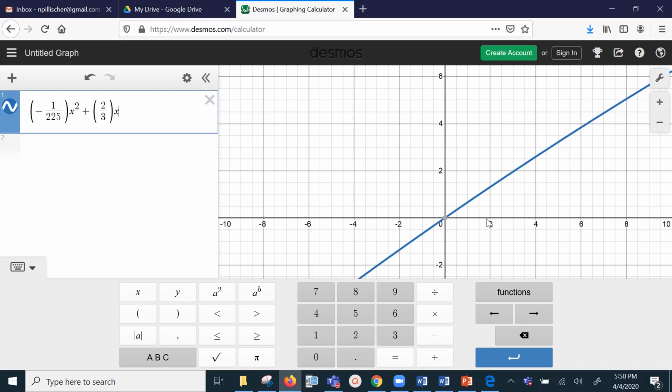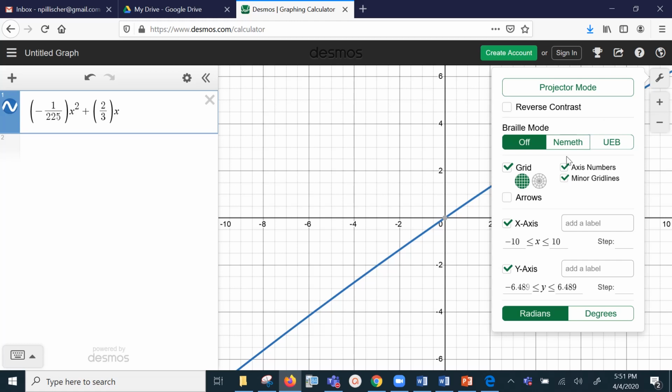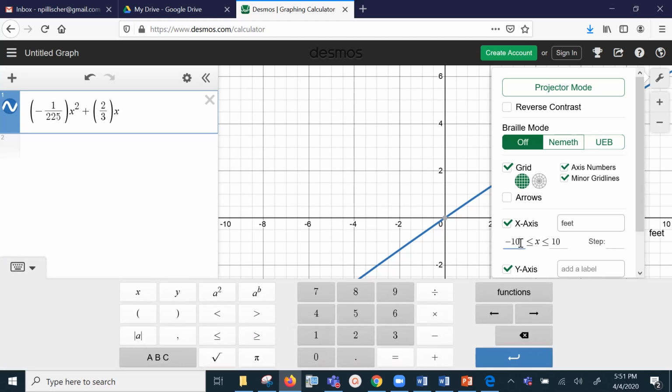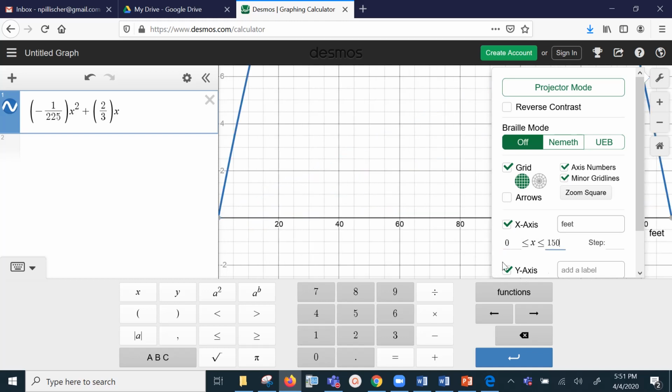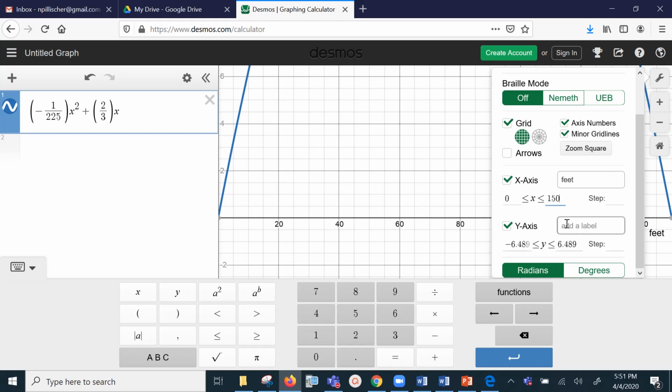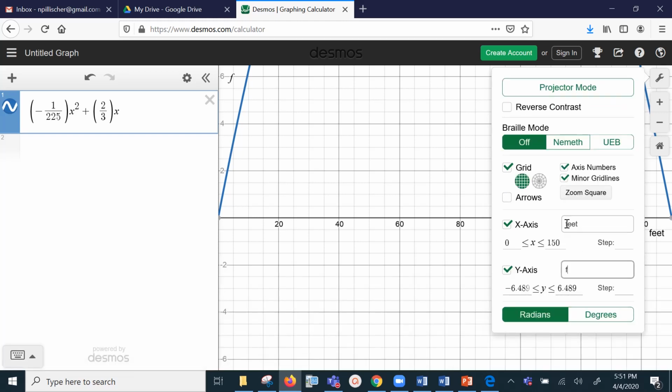Now, we need to change it so our domain is from 0 to 150. I could use the zoom out button, but it's faster if you hit the graph settings button, go to x-axis, label it feet, because it's in feet, and it's from 0 to 150. The y-axis is also feet because they told us it was measured in feet.